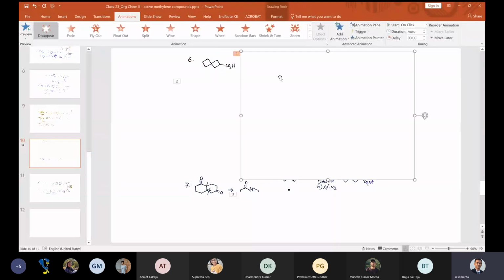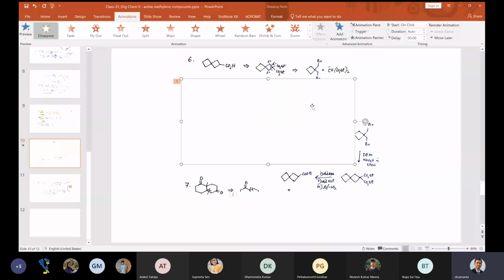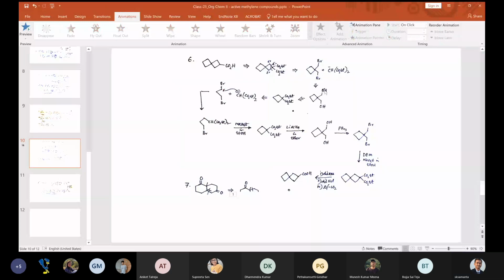Okay, let's see that. So you first make this as CO2Et and add another CO2Et and cut here. So you get CH2Br, CH2Br and CH2(CO2Et)2. So this negative charge can attack here, another CH can attack here, and you can form this one, correct? Now, this CH2Br can come from CH2OH by reacting with PBr3.